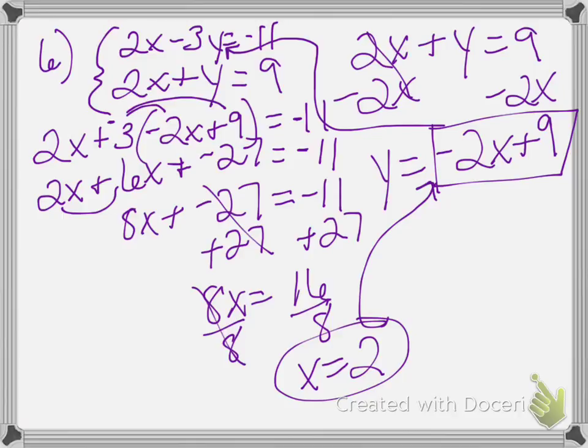Okay, so now we're going to take that 2 and plug it into this easy equation that we made so that we can find y. So that's going to become what? Y equals -2 times 2 plus 9.